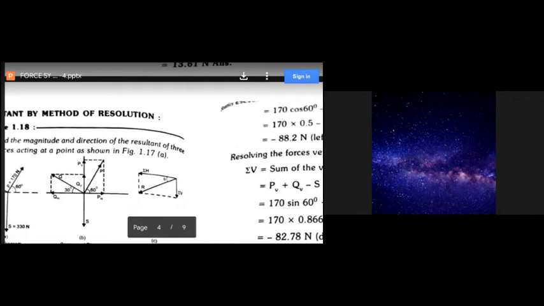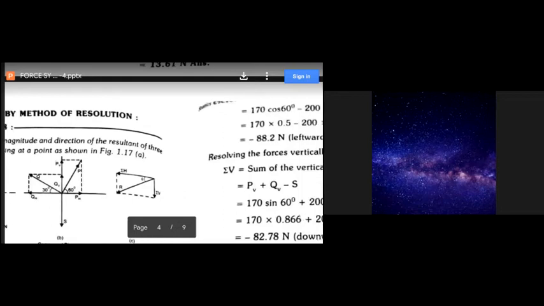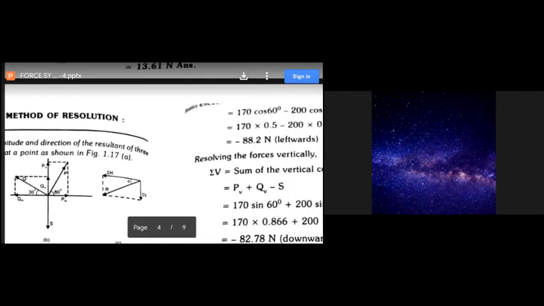It acts in the upward direction, and here the P value is 170. So 170 cos 60, you have to consider it positive, and the horizontal component of Q equals Q cos 30. It acts towards the left side. It means you have to subtract this, that is minus 200 cos 30.